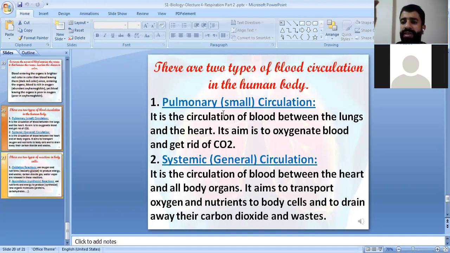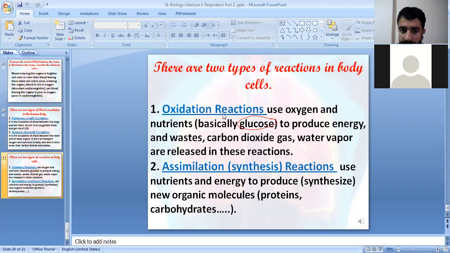Its aim is to oxygenate the blood and get rid of CO2, whereas systemic circulation has the role of transporting oxygen and nutrients toward the body cells and draining away carbon dioxide and waste, between the heart and all the body organs.